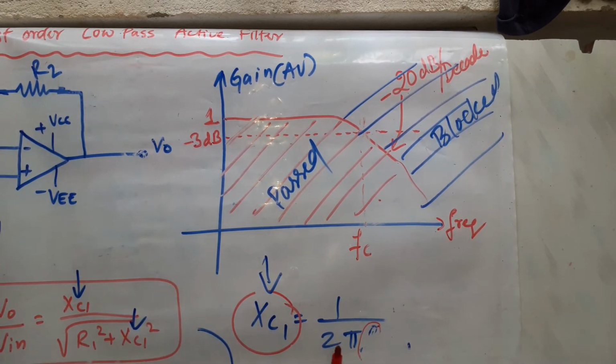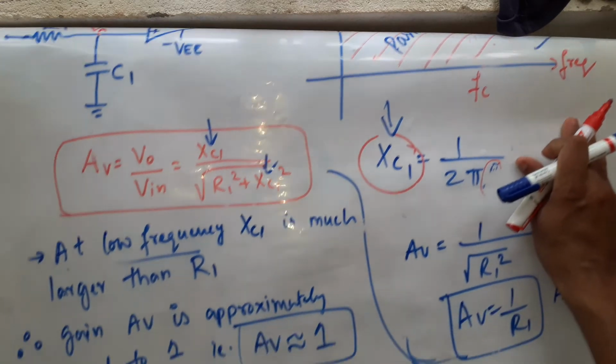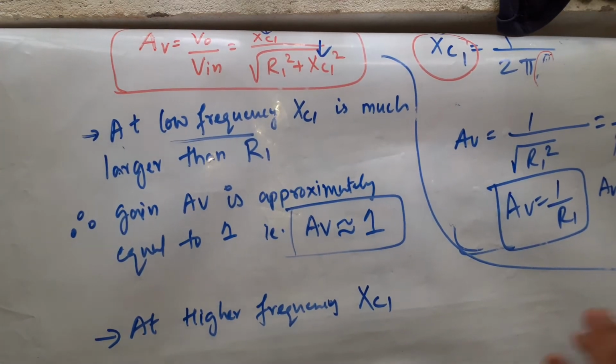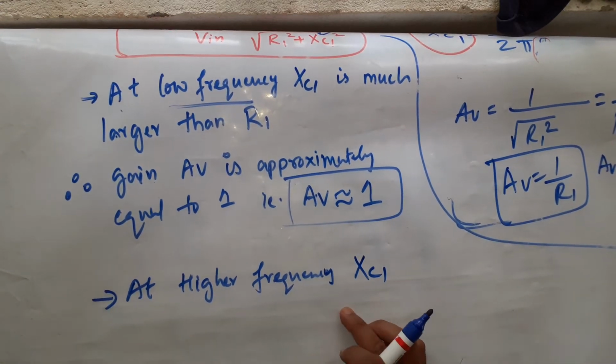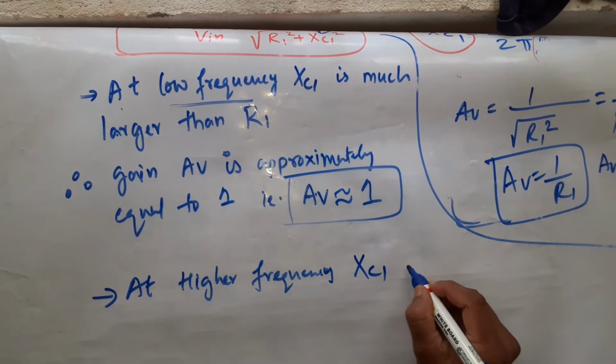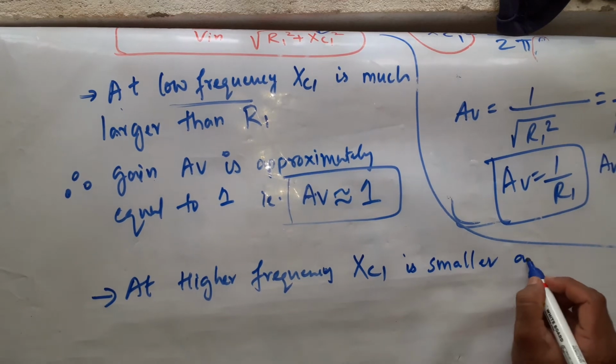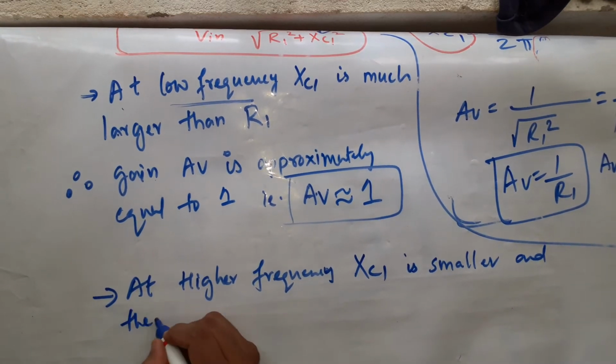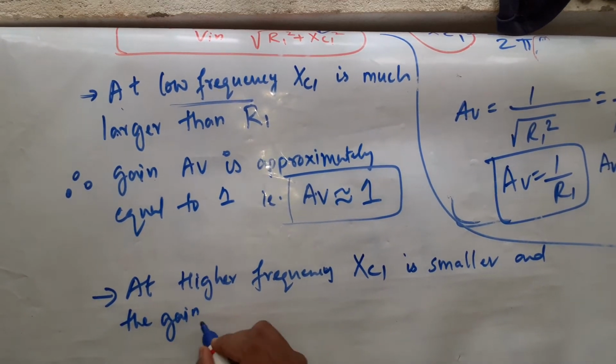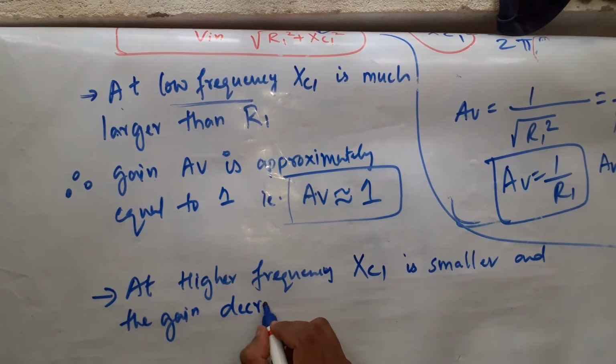Understood? Where was I? Yes, at higher frequency, what I was writing, XC1 is much smaller, and the gain decreases.